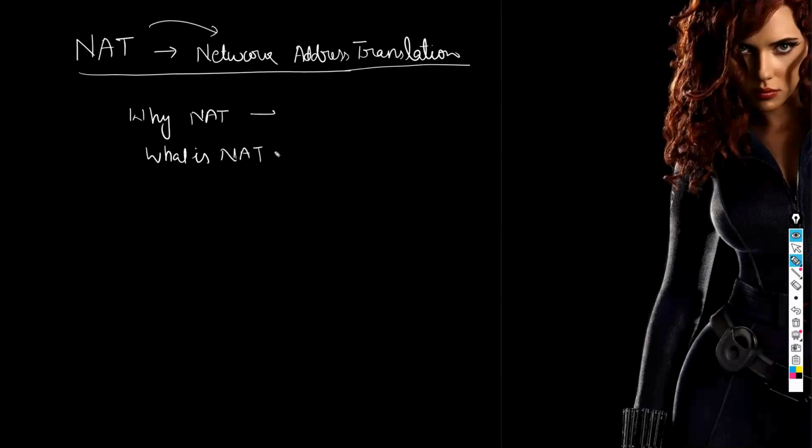So basically, NAT is Network Address Translation. It translates the private address to public address and public to private. Okay, so I will say it helps translation of the IP addresses.